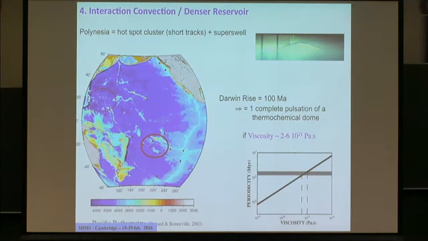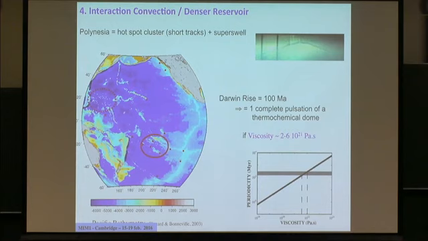So if I'm going back to the second family of hotspots, these hotspot clusters that we could see, for example, in Polynesia, I could explain it by one of those thermochemical domes that could generate several hotspots on top of it. And in this case, we predict that those domes have a recurrence. So they're going up, leaving their heat, down and up again.